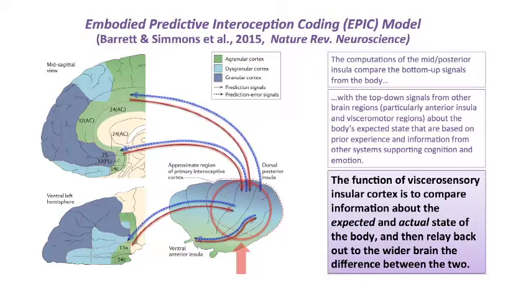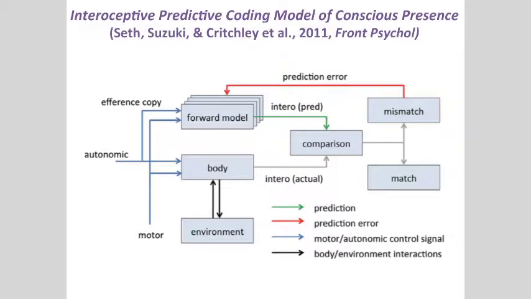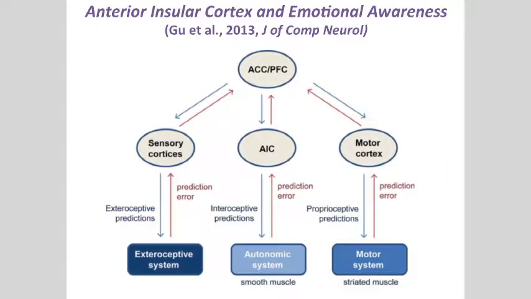Now, there are some other active inference models of interoception that I think really should be noted, particularly models from Anil Seth and Hugo Critchley, and also from Xiaosi Gu and Carl Friston. These are excellent models and have really important features.